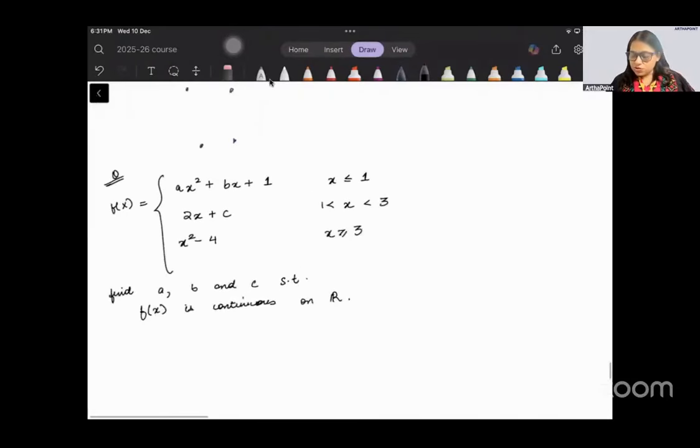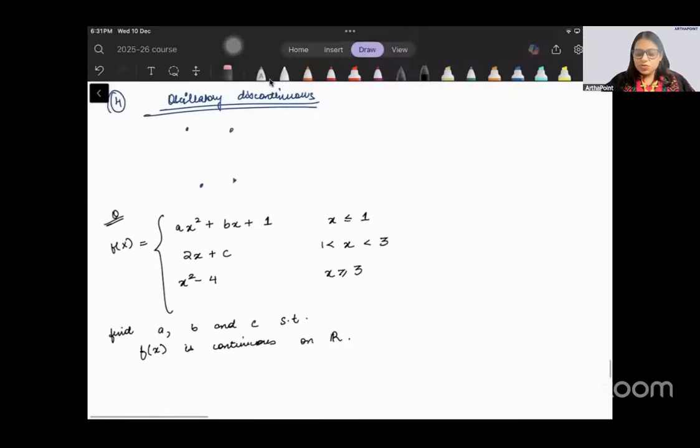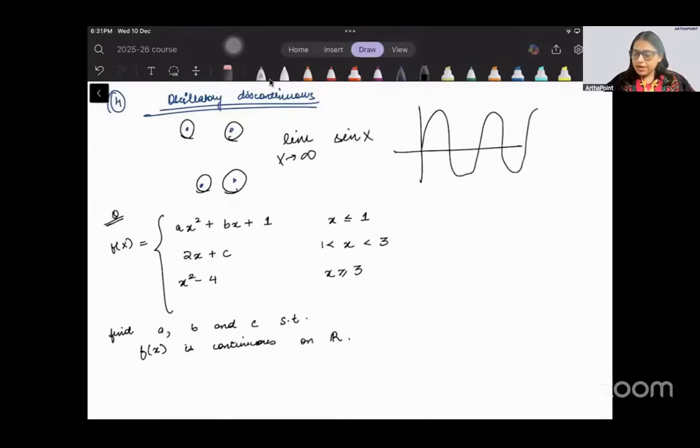Oscillatory discontinuity just means that you are oscillating between two values. You're not reaching one of the values. If I ask you limit x tends to infinity, what happens to sine x? You cannot tell because sine x looks like this. It oscillates between 1 and -1.